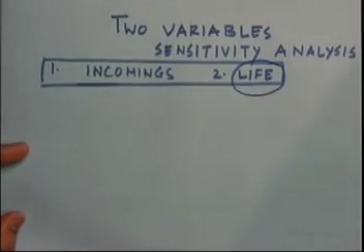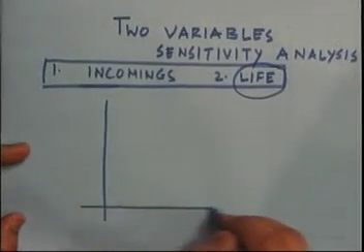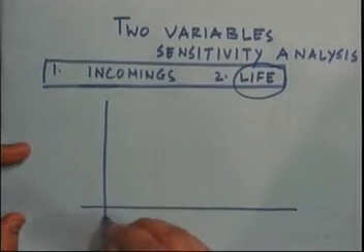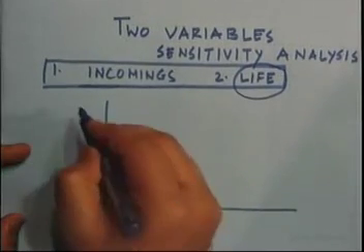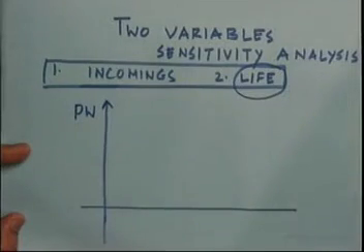Current estimate of life is 10 years. So, let us fix the life at 10 years. Now, go on changing the value of incomings. I draw a diagram like this. In which here I write present worth or net present worth, whatever you say, and here I write receipts or incomings.